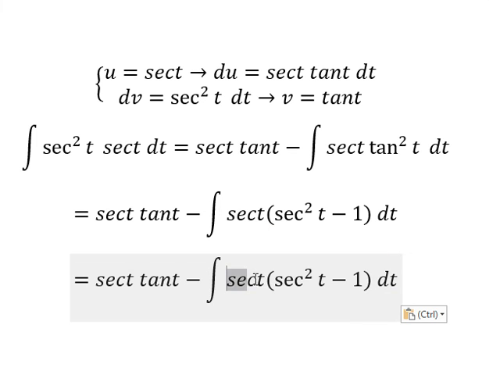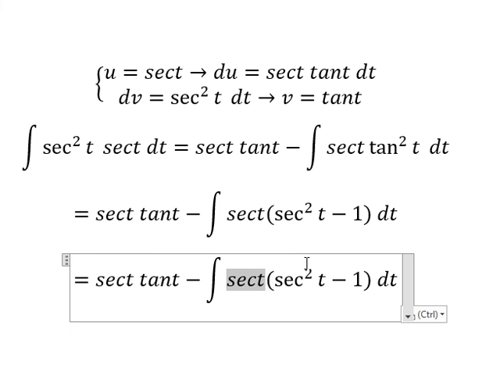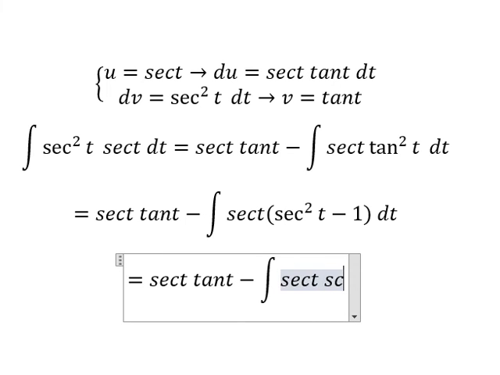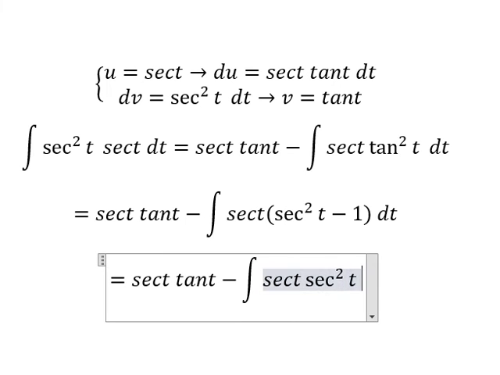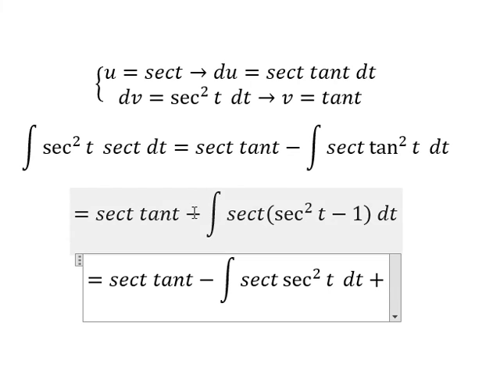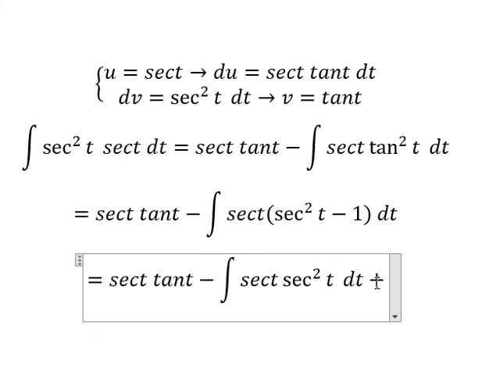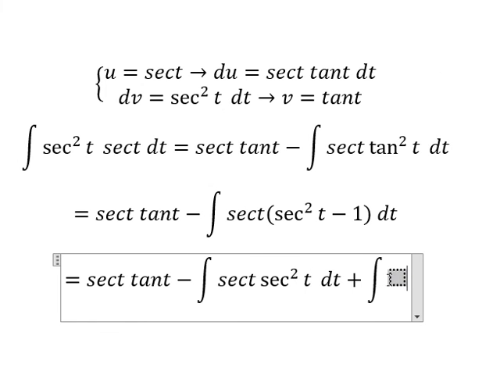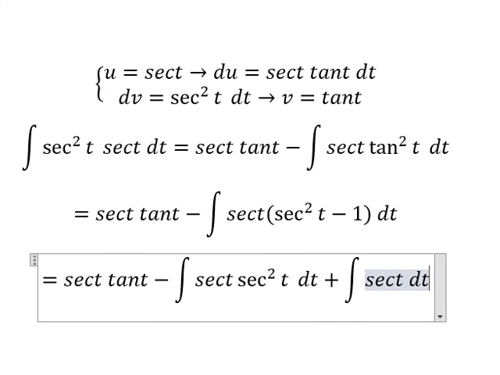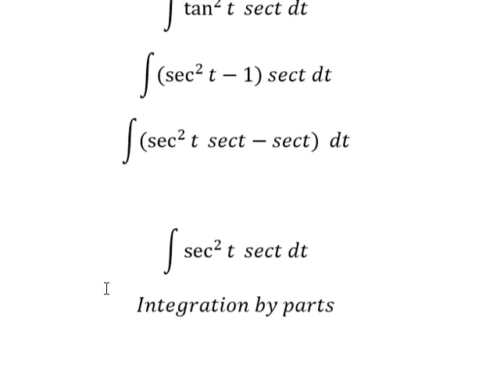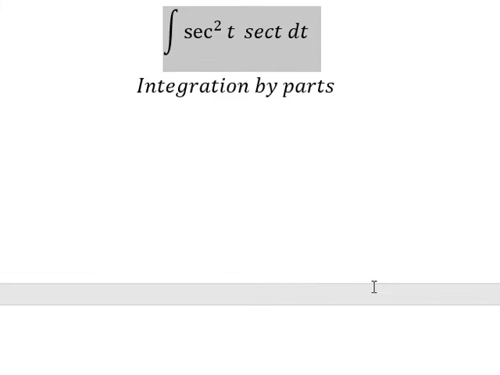So we have negative secant of t multiplied by secant of t square and negative number 1. Because we have negative with negative, you got about positive. And we have the integration secant of t dt. And we know that everything in here equals to this one.